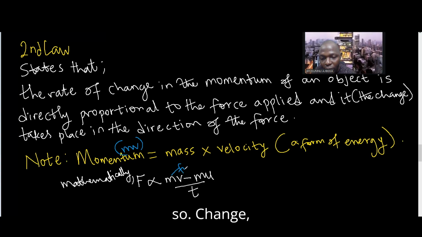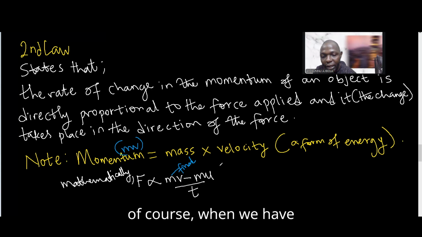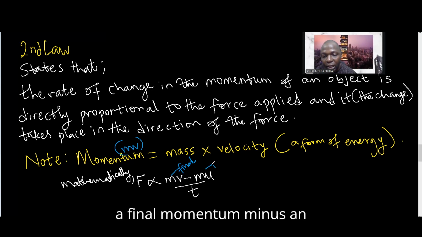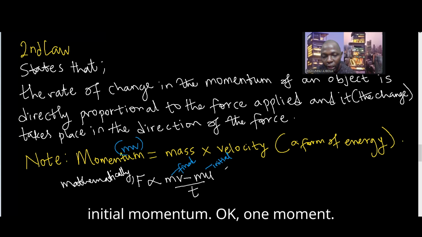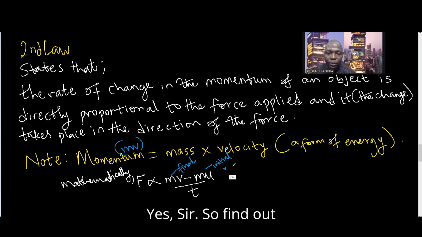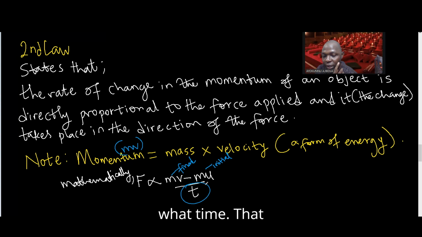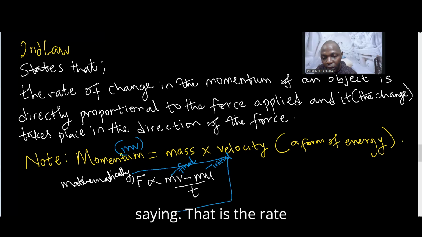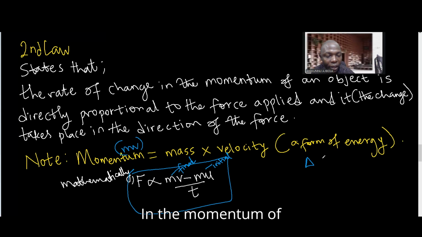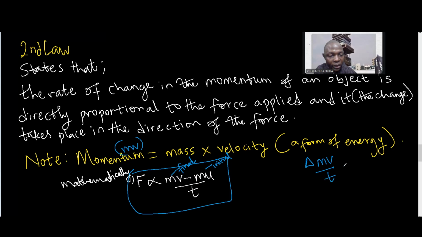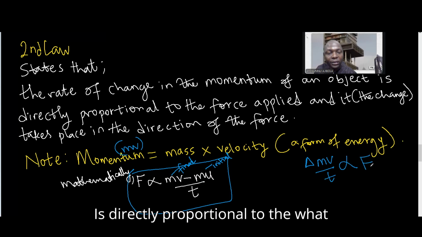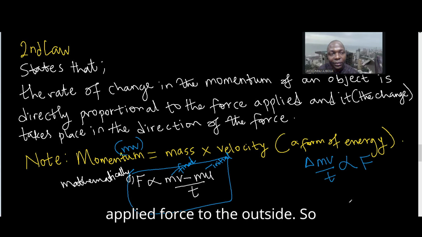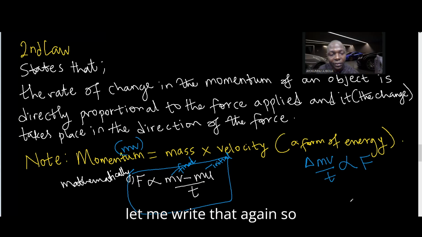So, change occurs when we have a final momentum minus an initial momentum, okay? So, final minus initial over time. That is what this law is saying. That is, the rate of change in the momentum of an object is directly proportional to the applied force.